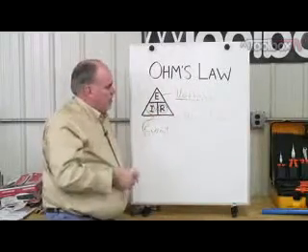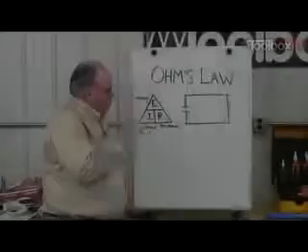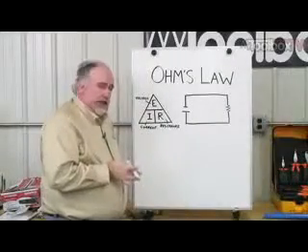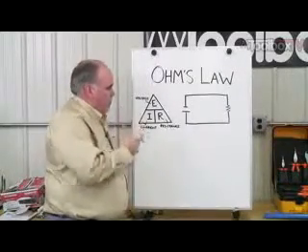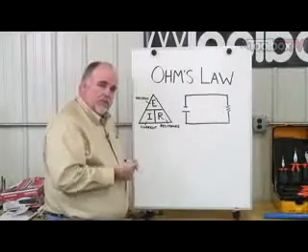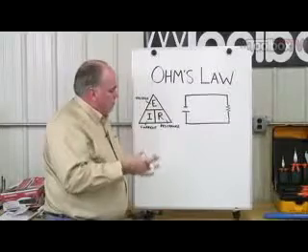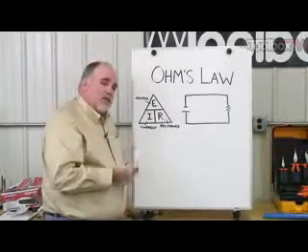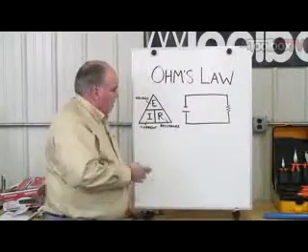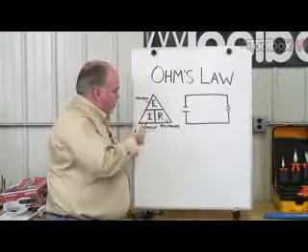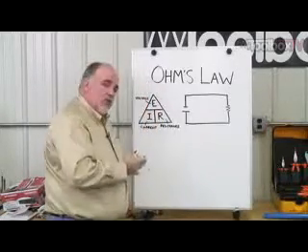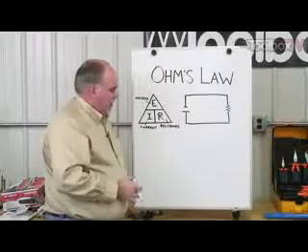Now let's look at these in a circuit. As you might remember from earlier videos that we had, voltage is the pressure in a circuit. Voltage doesn't move. Voltage is applied to things. Voltage makes current move, causes electron flow. So voltage applied to a circuit will cause current to flow, the moving part of electricity.